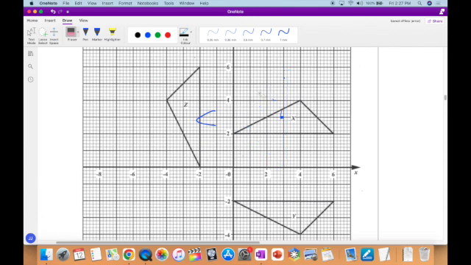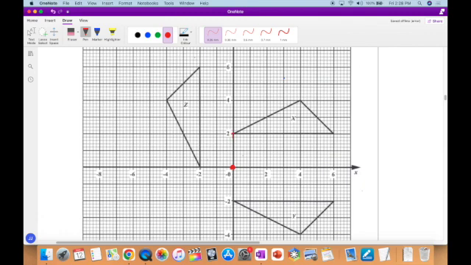So yes, a combination of transformations could work, but they're looking for one transformation here. And I could see it's not an enlargement, it's not a translation, so it had to be a rotation of some kind.